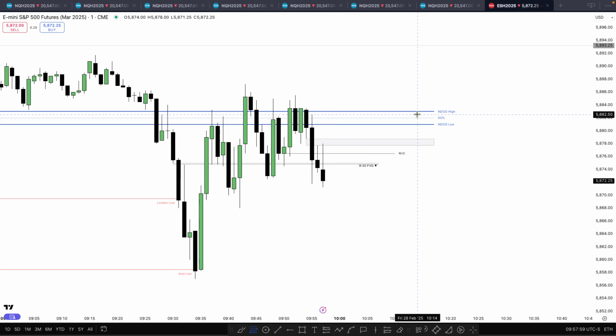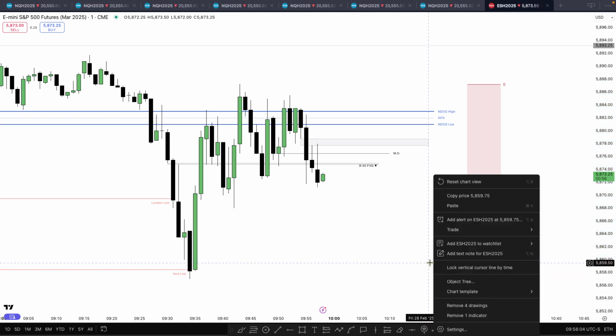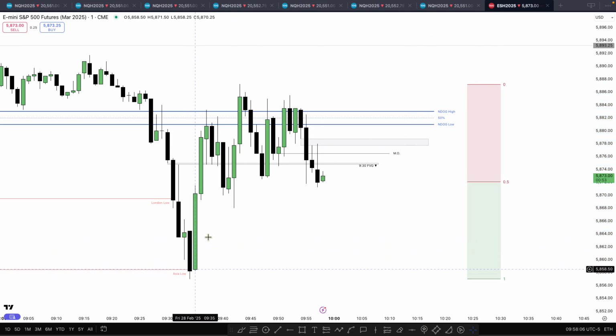Coming back down to EQ of this range, which is just the opening range. This is the opening range, dealing range.